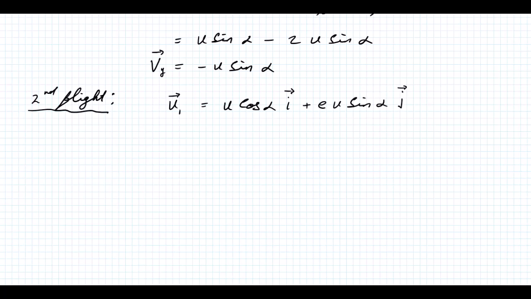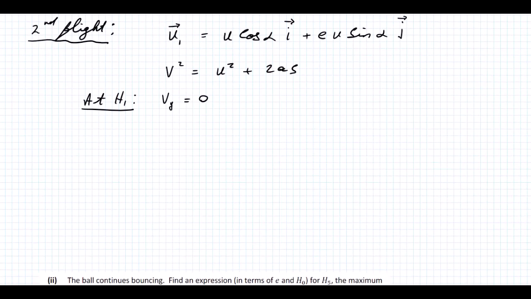Okay, so the formula we're going to use now is v squared is equal to u squared plus 2as, and we know that at h1, the velocity in the y direction is going to be equal to 0. So let's just put in the information into this formula.